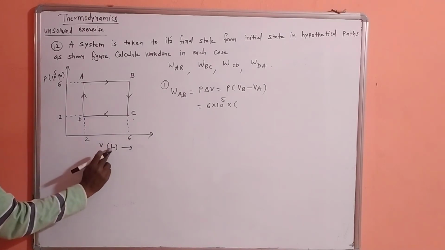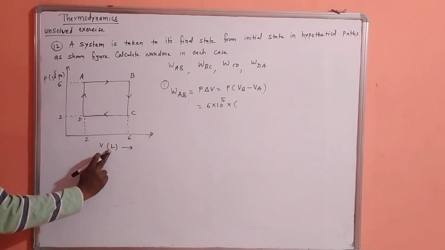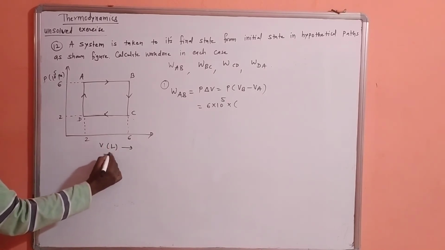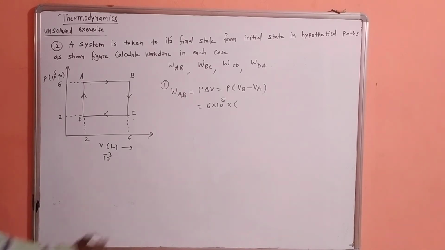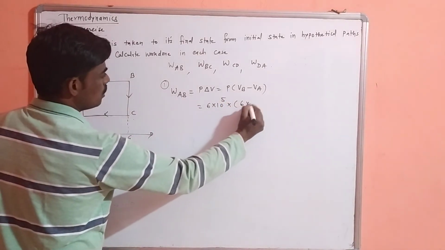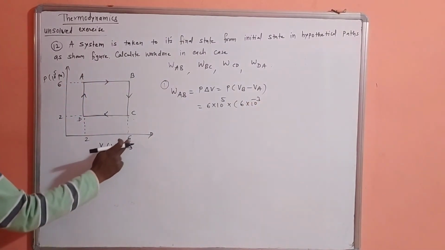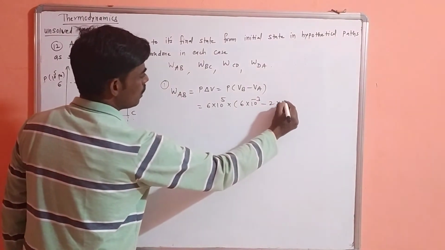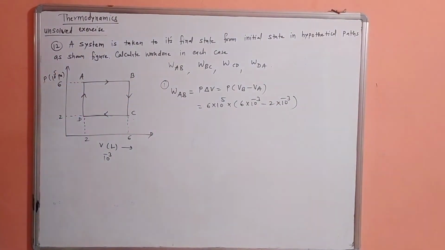So the pressure for path AB is 6 into 10 raised to power 5, and VB is 6. Volume is given in liters, which is not a standard unit, so convert it into meter cube. It becomes 10 raised to power minus 3. So VB is 6 into 10 raised to power minus 3 and VA is 2 into 10 raised to power minus 3.